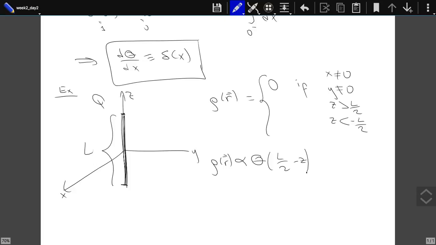And I want to put another function that will be 0 if z is less than minus L over 2, and I also know that function.